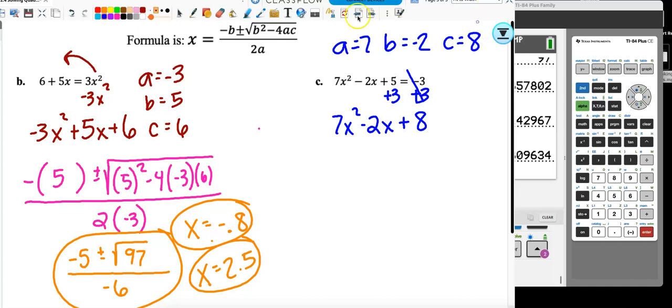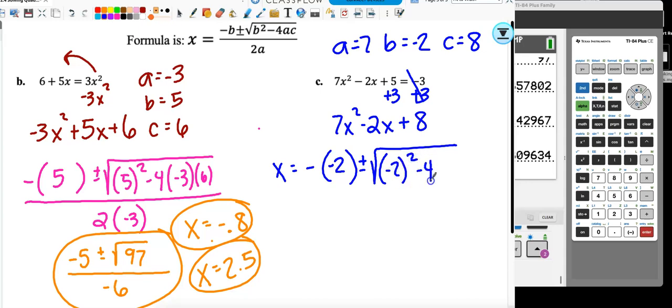So let's go ahead and plug it into our formula. So x equals negative. My b is -2. So that's important to make sure you put that in parentheses. Plus or minus b squared, -2 squared, minus 4 times 7 times 8. All of that is divided by 2a, so 2 times 7.